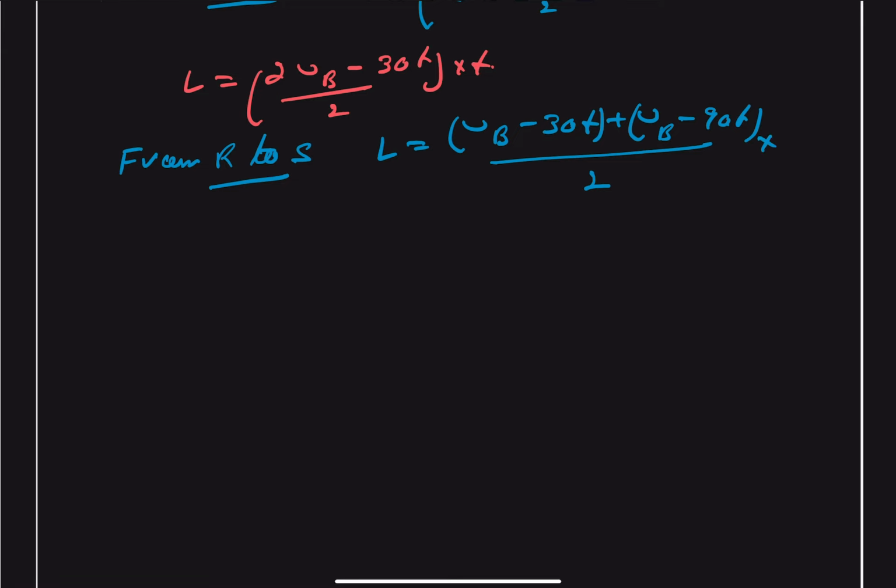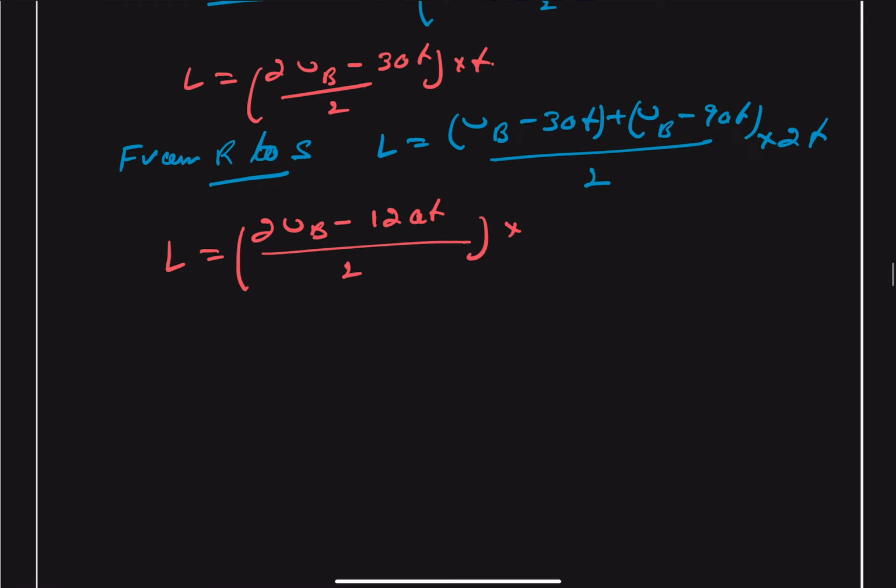So we get L is equal to (2VB minus 12at) divided by 2 multiplied by 2t.